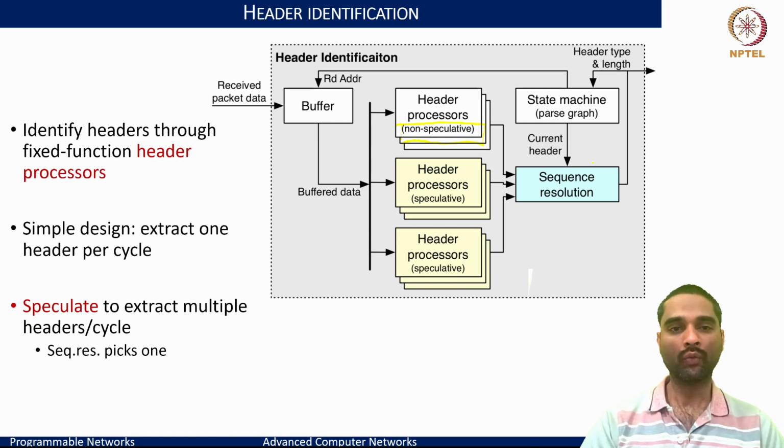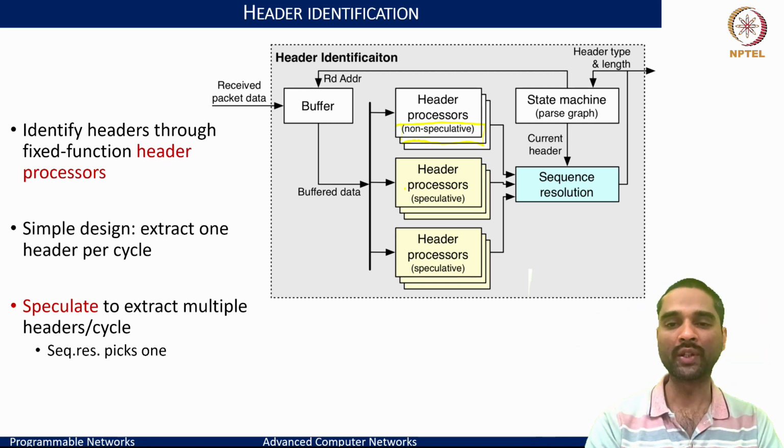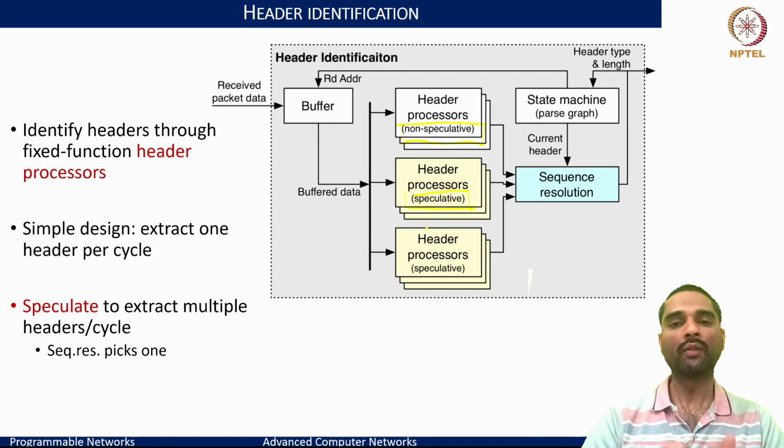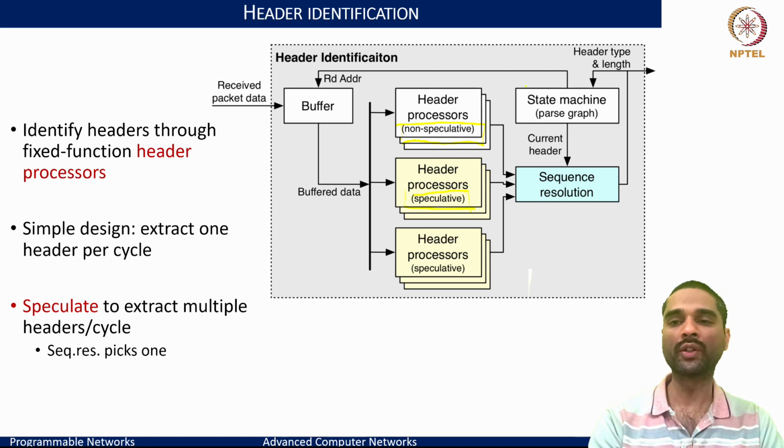And once we identify the header and say there is a length we want to look up, those can be added as speculative header operations that you would want to do. In simple essence, every time there is a sequence resolution, all of this happens in a one cycle unit.